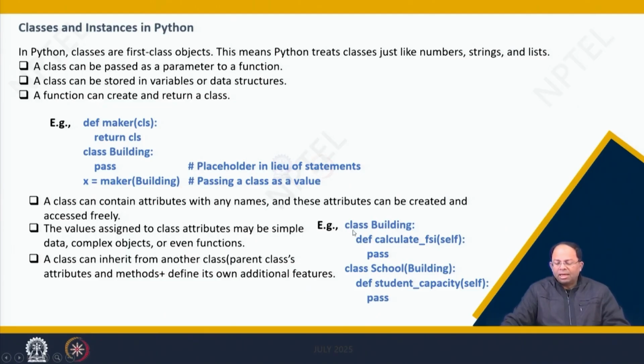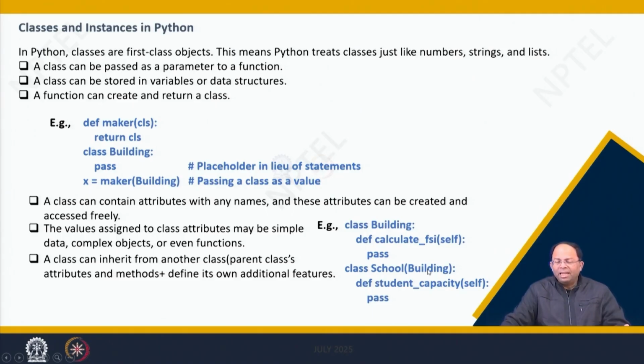So if I have a class called building, and it has a function called def calculateFSI, then we can have a class called school where building is passed as the argument.